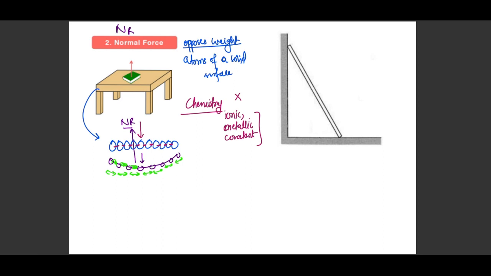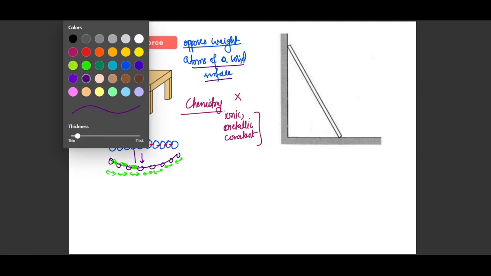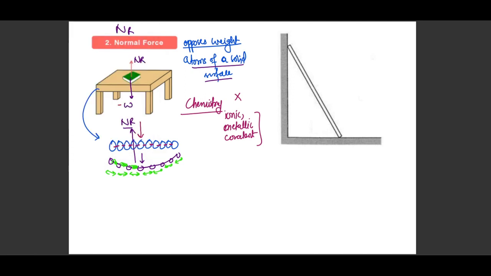So this is where the normal reaction actually comes from, the atoms of a solid surface which can support a weight, right? Okay, now in this case the book has some weight and the table is trying to support it by applying a normal reaction in the opposite direction. Now mind you, these are both equal and opposite in direction. If the weight is, let's say, 20 newtons, then the normal reaction will also be 20 newtons, right?